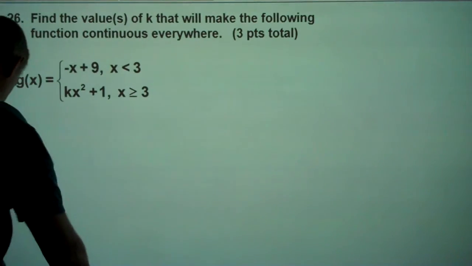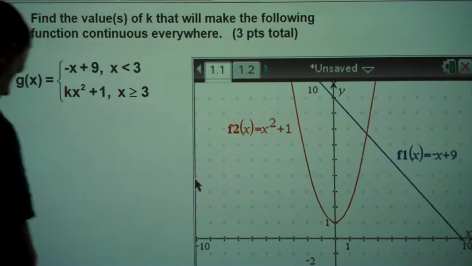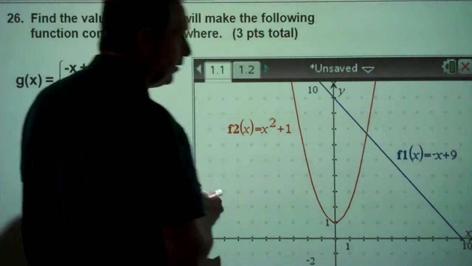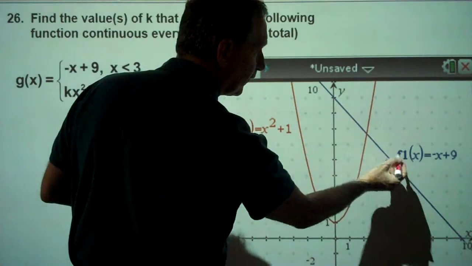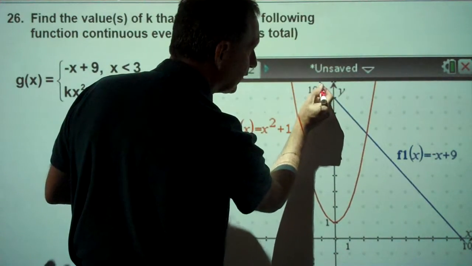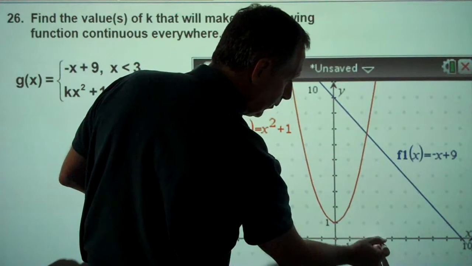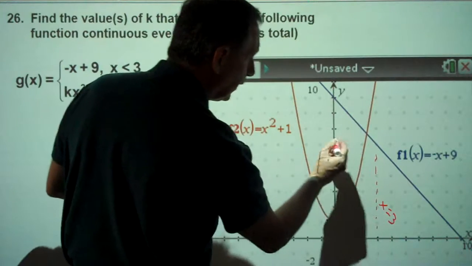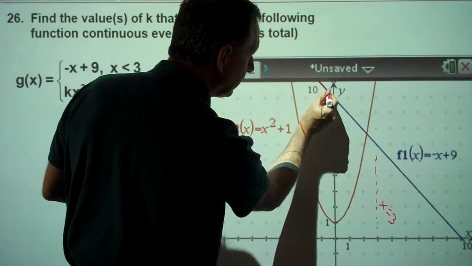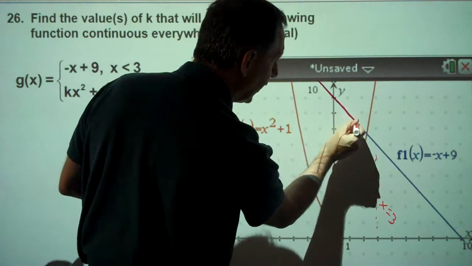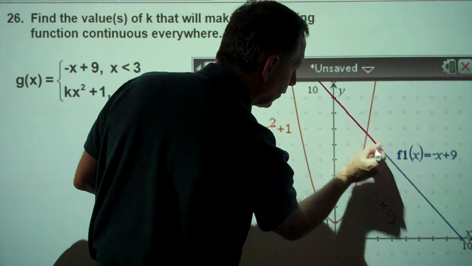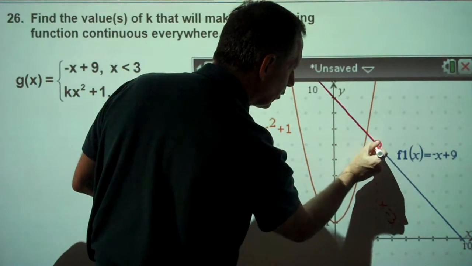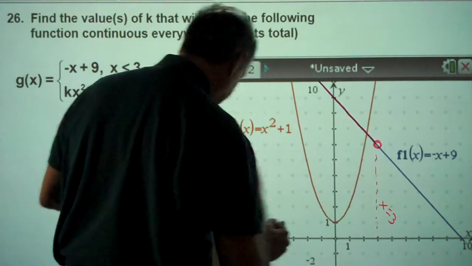Now, let's go to a graph to see what we're looking at. We have the two pieces graphed here. We have in blue f of x equals negative x plus 9, and here we have x equals 3. From the left, negative x plus 9 comes like this, all the way to where x equals 3, and then there's an open point or hole where x equals 3.